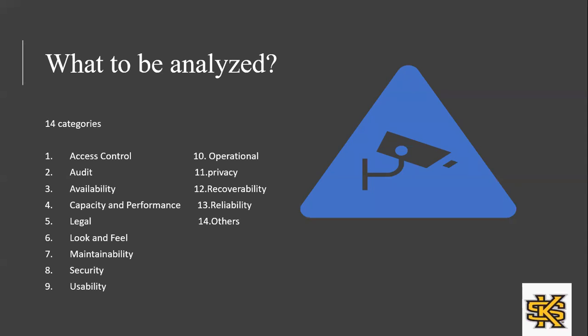Here we are looking for specific information related to these 14 categories. These are the non-functional requirements that need to be analyzed using the tool-based approach, NFR Locator, to classify and extract the sentences in natural language texts.